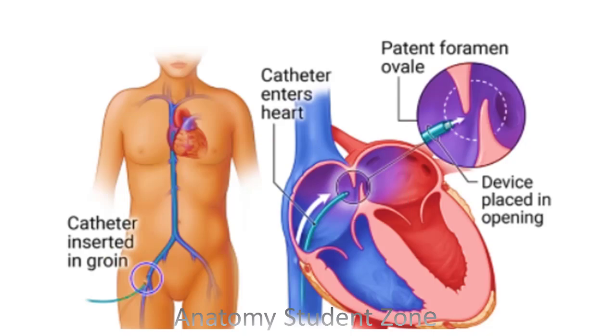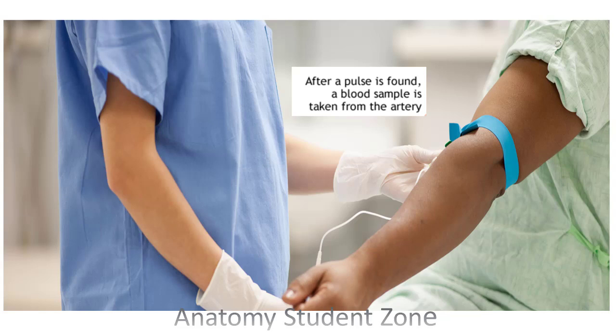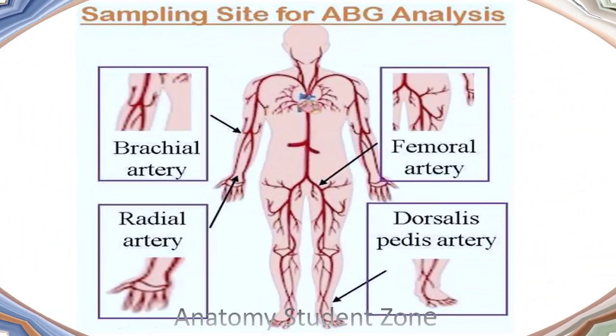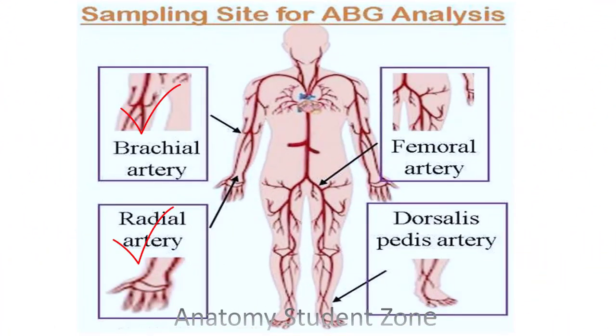On the clinical side, we also do arterial blood sampling. The purpose of this blood collection is to determine arterial blood gas level. So the blood is collected from an artery. We can use the radial artery, brachial artery, dorsalis pedis artery, but because we are covering the femoral triangle, we can also use the femoral artery for this blood collection procedure.